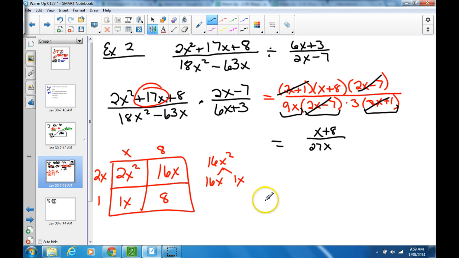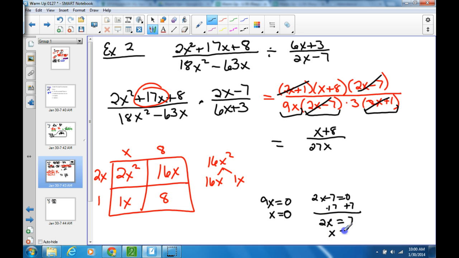Okay, so if I did that, I have 9x equal to 0. So what would x be in this case? It would be 0. 9 times 0 is 0, right? I'm going to set this one equal to 0: 2x minus 7 equal to 0. If I solve for x, what do you get? I'm going to add 7 to both sides, and then you get 2x equals 7.